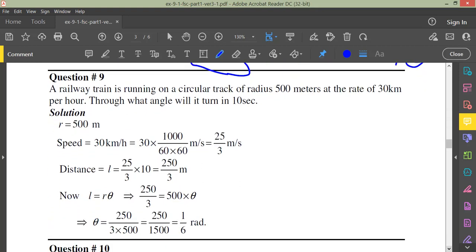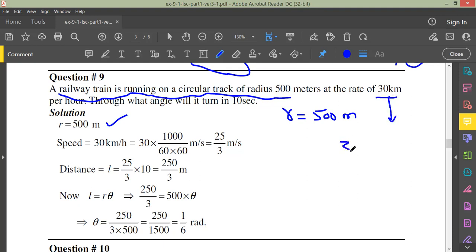Question number 9. A railway train is running on a circular track of radius 500 meters. So the value of R is equal to 500 meters, at the rate of 30 kilometers per hour. The speed is 30 kilometers per hour.